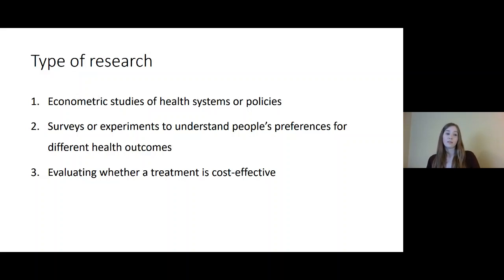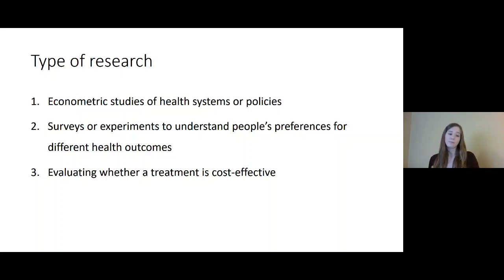The second one is surveys or experiments that are all about understanding people's preferences for different health outcomes. If you've ever come across a quality of life questionnaire, that's going to have been developed using this second type of study design, these surveys and experiments, to try and work out what people's preferences are.